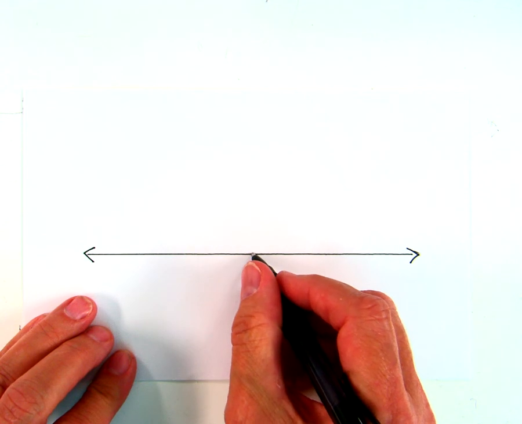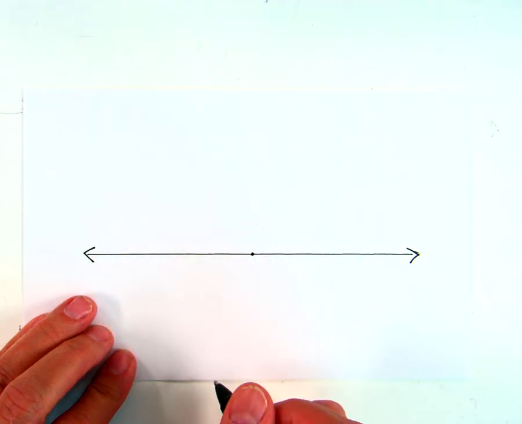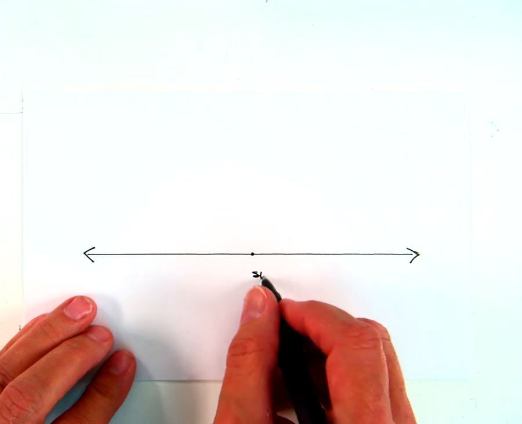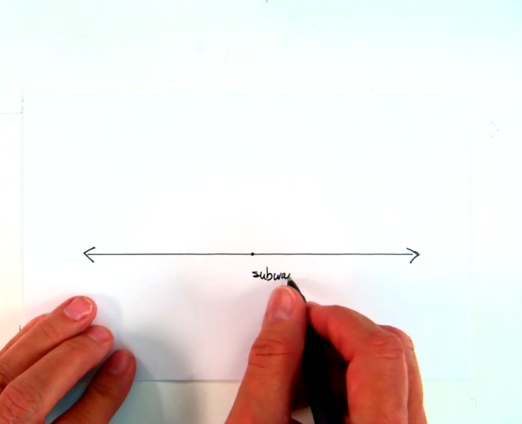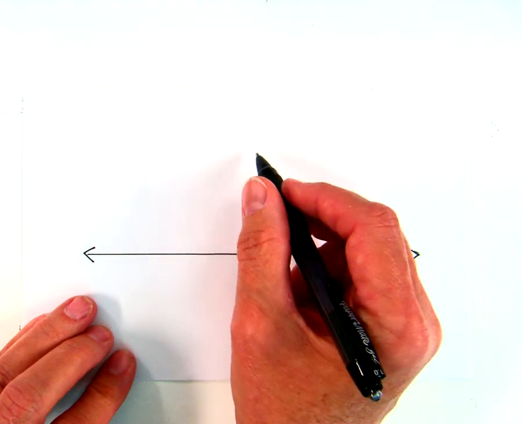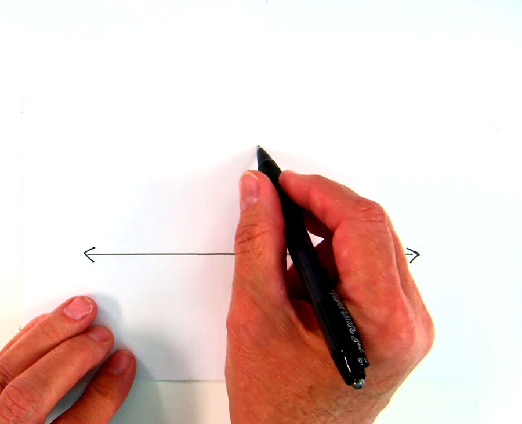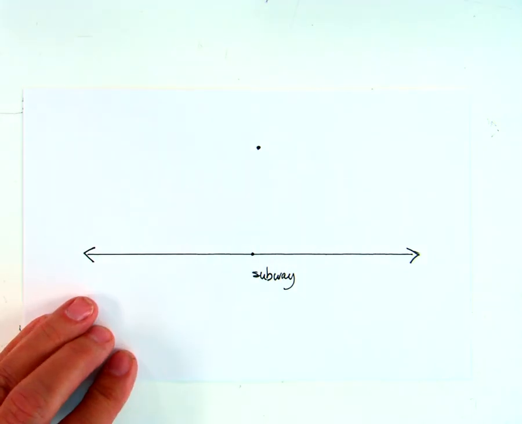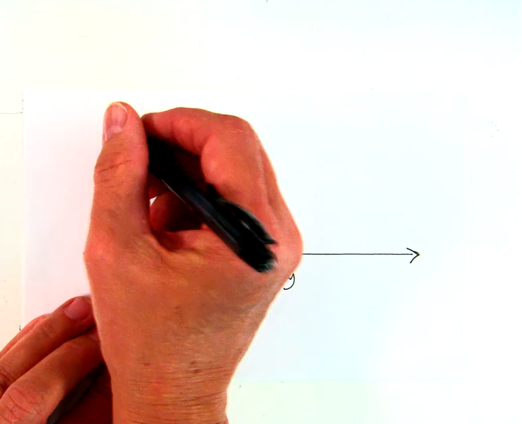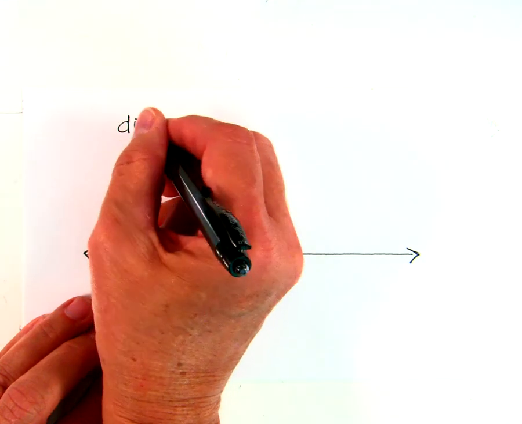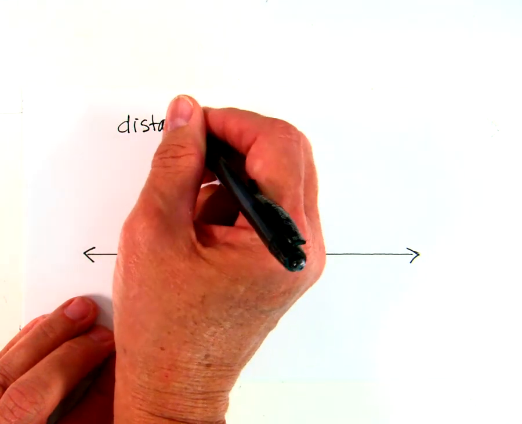Right here is the Subway across the street, and I'd like a sandwich. A meatball sub sounds really good. And then I'm like here, and I'd like to know how far it is between me and the Subway. I want to know the distance to the Subway.